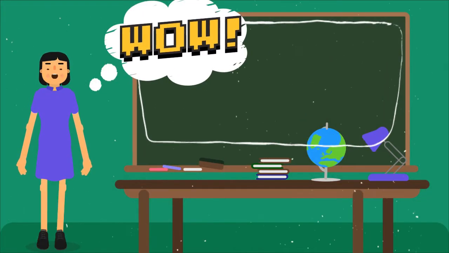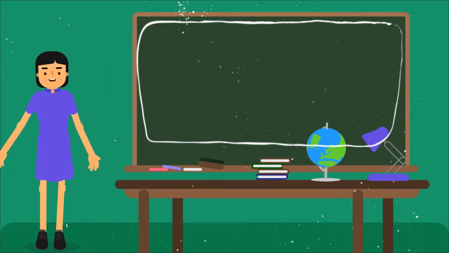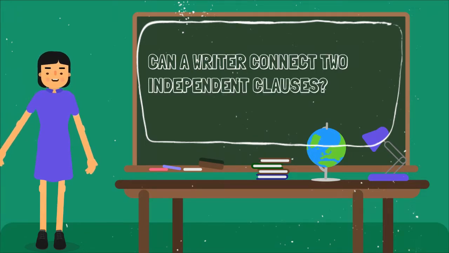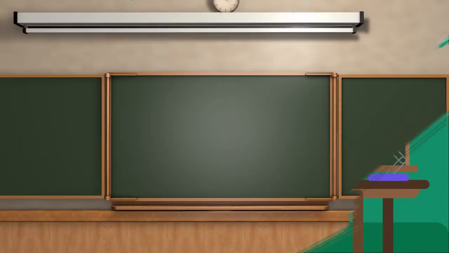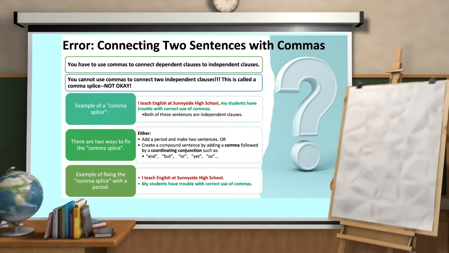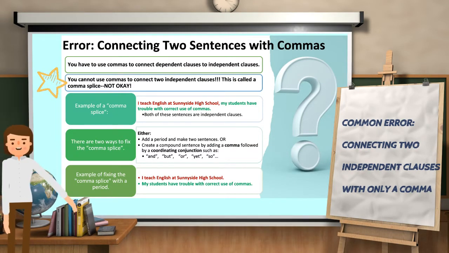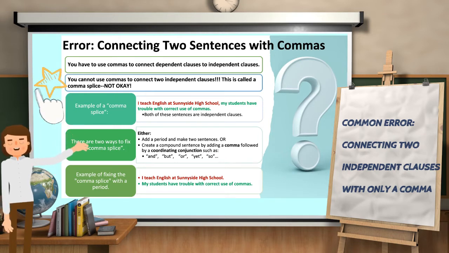Wow! It was helpful to learn about independent and dependent clauses and the correct way to connect those two. Can you connect two independent clauses? Connecting two independent clauses with commas, we can't do that. So let's look at some examples here. I teach English at Sunnyside High School.